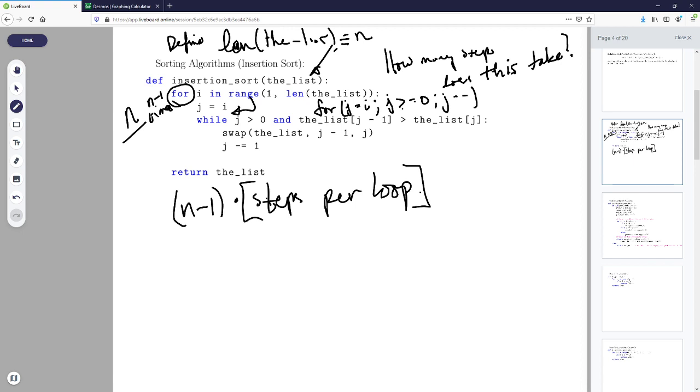So how many steps does this thing take? Well, unfortunately what it does is it takes I steps.